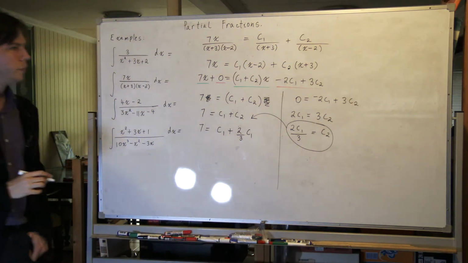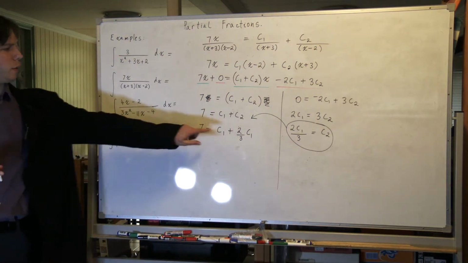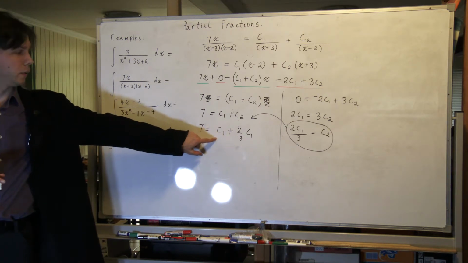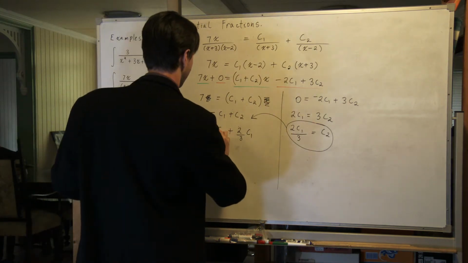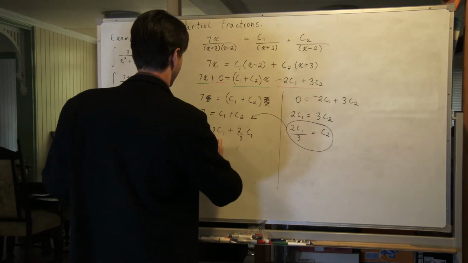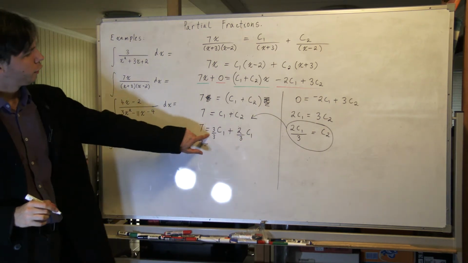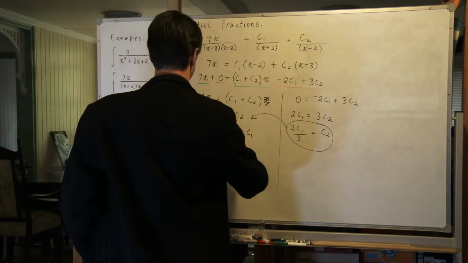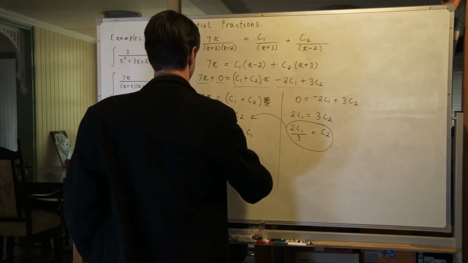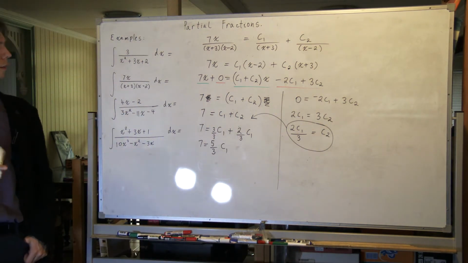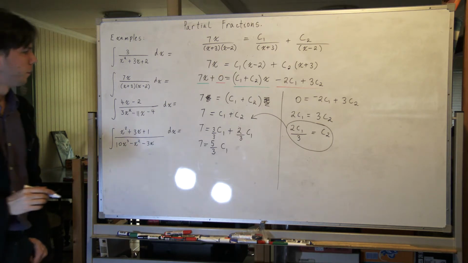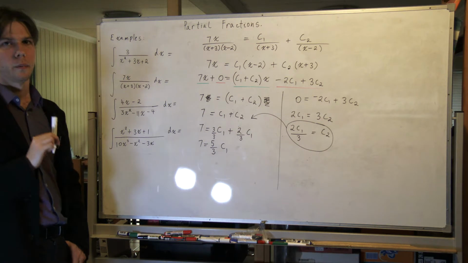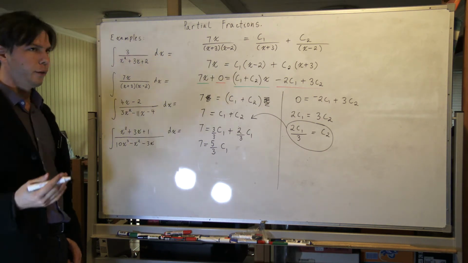I can change the c1 here, say this is 1 times c1, but it's also like 3/3 times c1, because then I add the two fractions together. 3/3 plus 2/3 is 5/3. And then divide both sides by 5/3. Dividing by 5/3 is the same as multiplying by 3/5. Dividing by a fraction is the same as multiplying by its reciprocal, the flip of it.